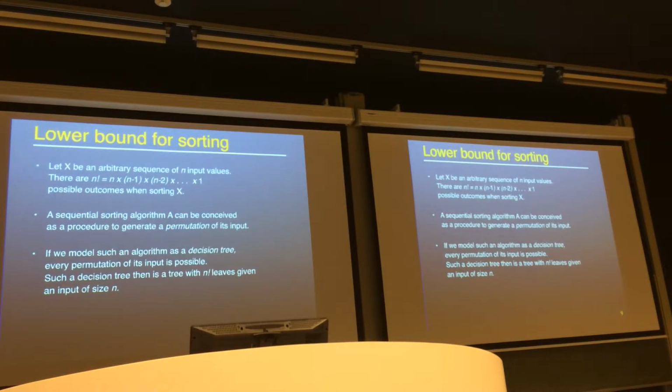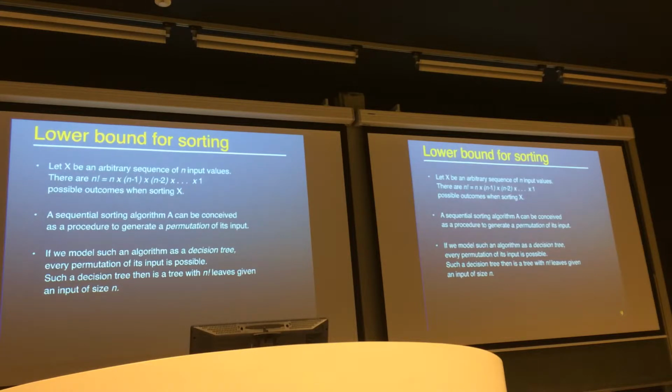Any algorithm for sorting can be conceived, therefore, as a procedure to generate a suitable permutation of its input. We can model any such algorithm by a kind of decision tree, a decision tree that takes as input such a vector of entries, an input vector x, and as outcome has n factorial leaves.